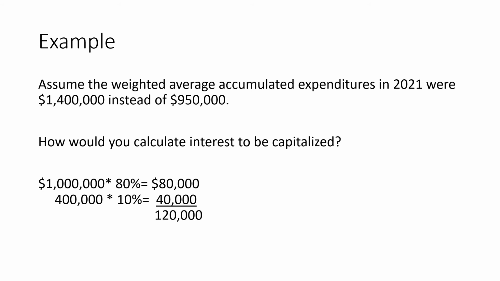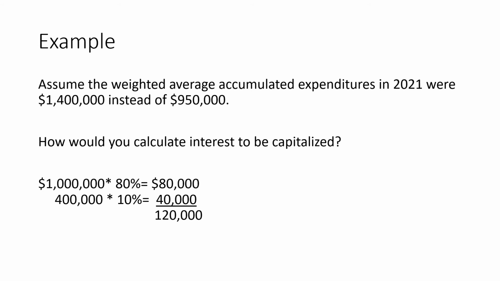Now, if we used a weighted average interest rate, we would just use that 9.7% we calculated. But what if instead, and this is our choice, we first calculate the weighted average expenditures related to our construction loan at that interest rate, which, by the way, should not be an 80% interest rate. In my haste, that should be 8%.